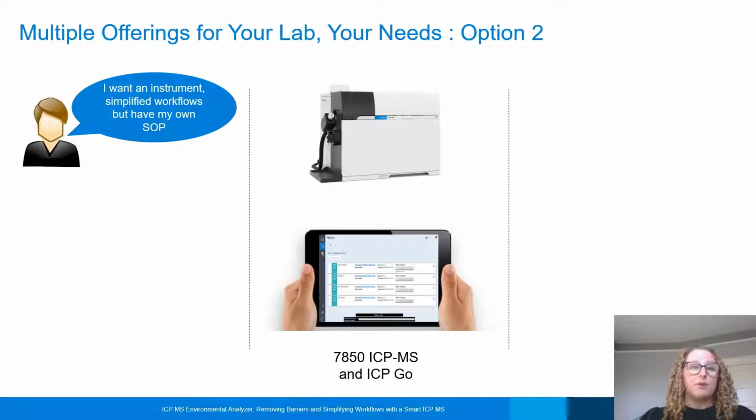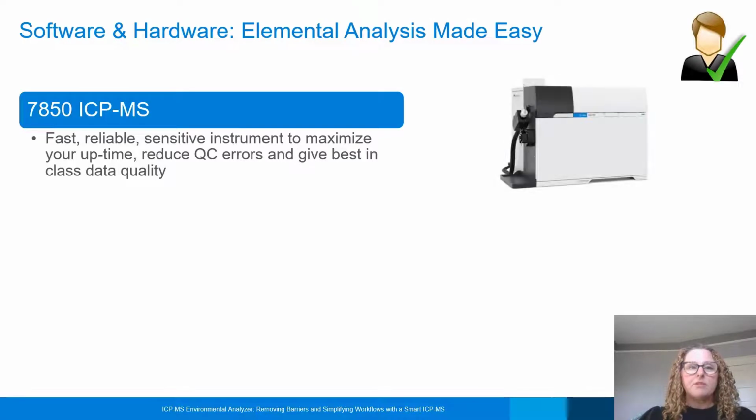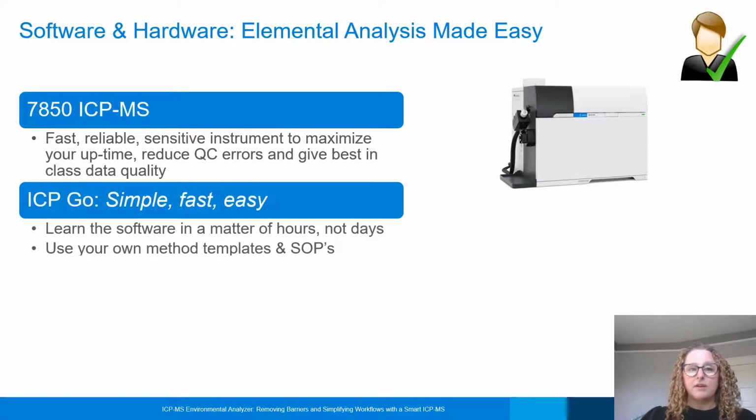Maybe you need more help, maybe you need an instrument, you want simplified workflows, but you already have your own SOP. No problem. We can go with the 7850 and our ICP Go. So you'll get the 7850 ICP-MS. You also get our ICP Go, which is simple, fast, and easy.